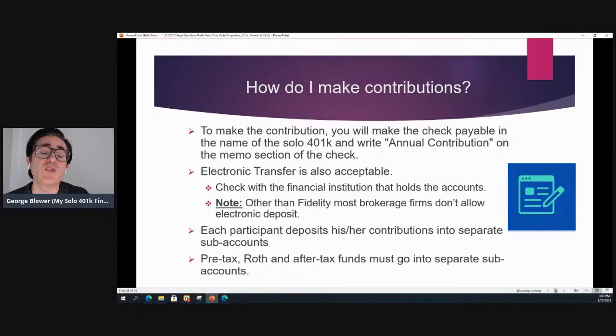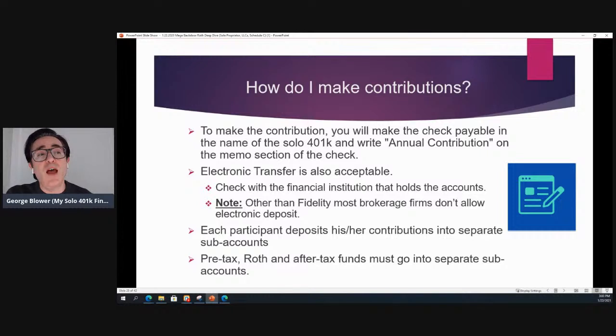So you wouldn't move it to the after-tax account, but you can move money, as much as you want, from the pre-tax account to the Roth account. So for example, you might make a pre-tax contribution for 2020 because you set up the plan before December 31st, 2020, or even if you're making an employer contribution and you set it up before your business tax return deadline in 2021, and then you can move that money from the pre-tax account to the Roth account.